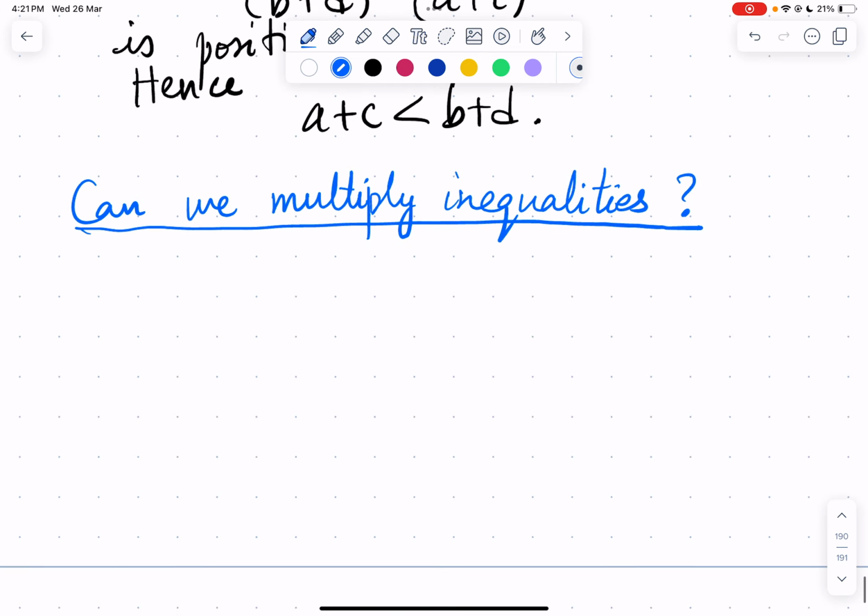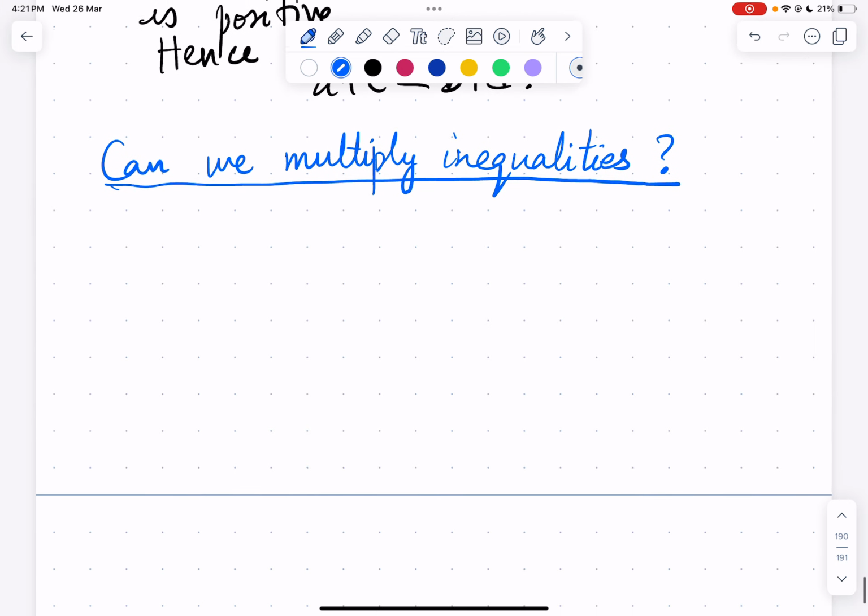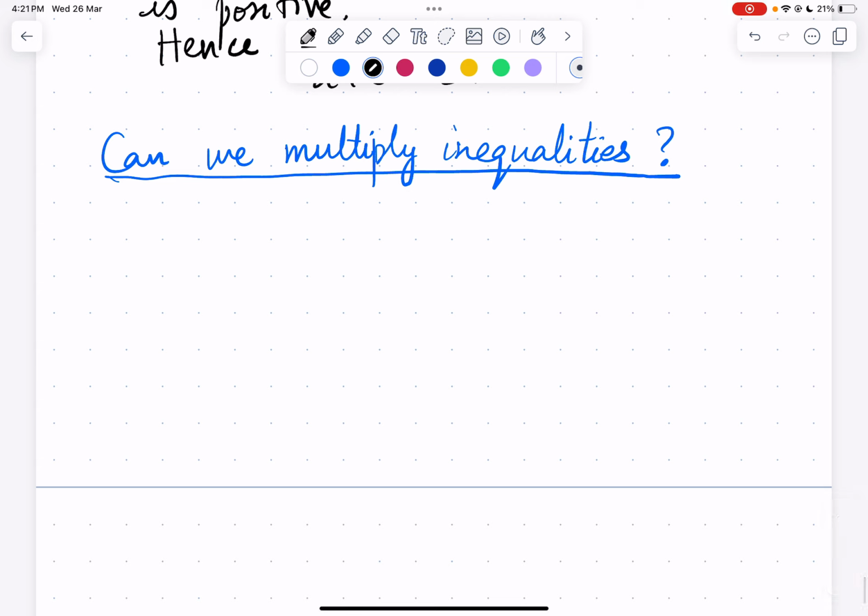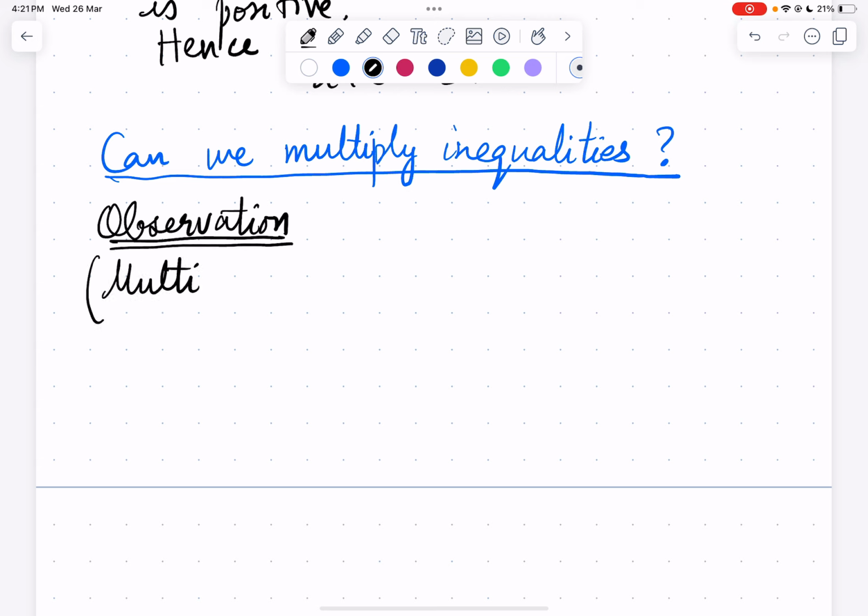Okay, so can we multiply inequalities? We can ask this question. It turns out we can, as long as all the terms involved are positive. So observation: multiplying inequalities.